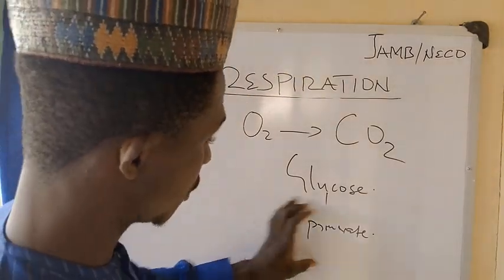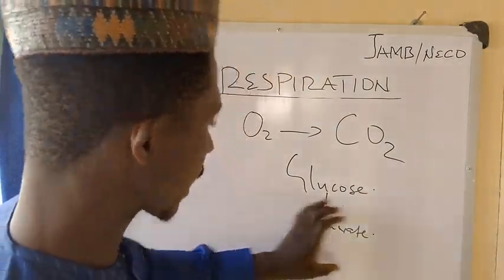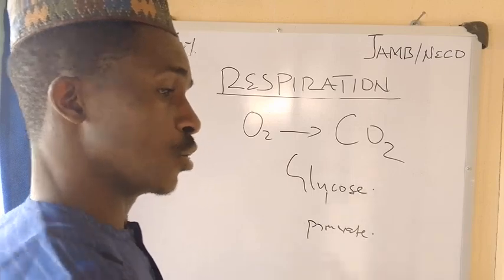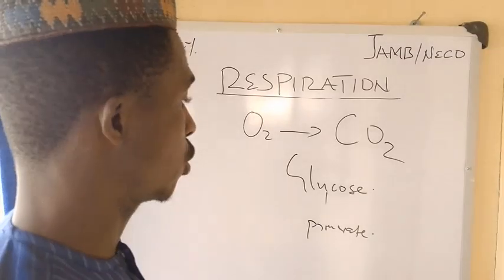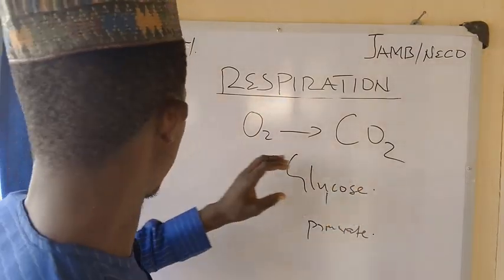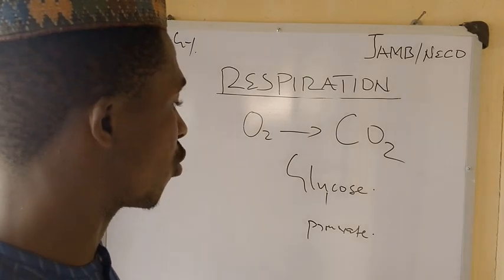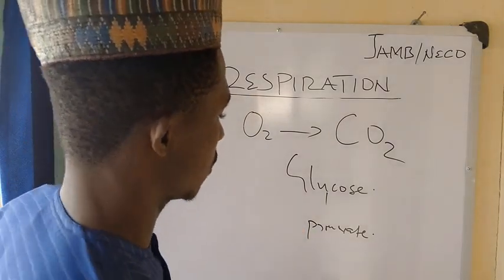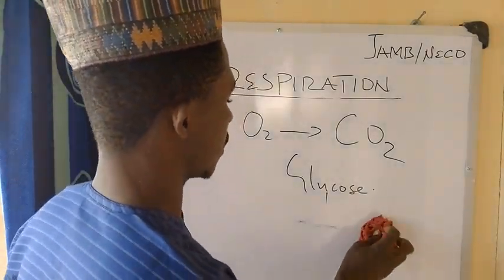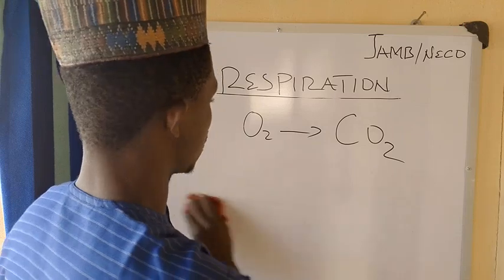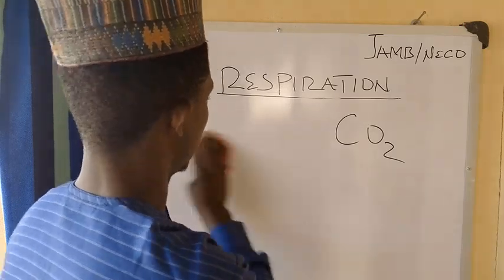So it is this pyruvate that can be converted to glycogen and be stored during what? During fasting. So storage glucose in the body is known as what? Glycogen. Very important. So if you can have this basic understanding about respiration, how it produces energy, then we are going a long way.